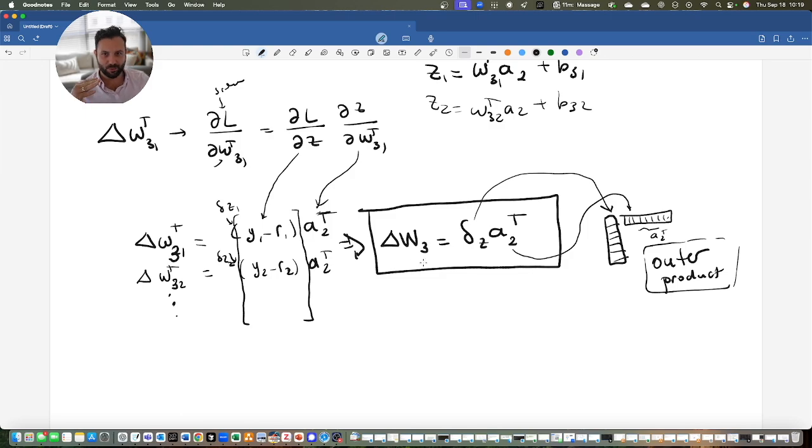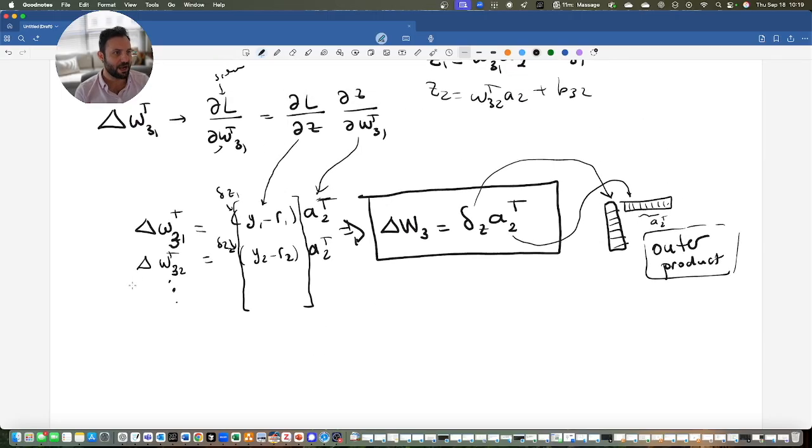Another lesson that we learned from here is that the direction we should go is composed of the input to a linear layer and the gradient that comes to it, right?